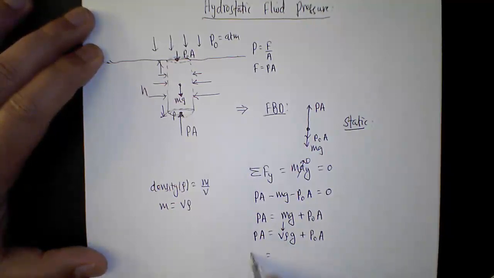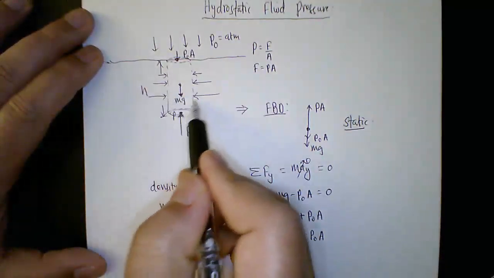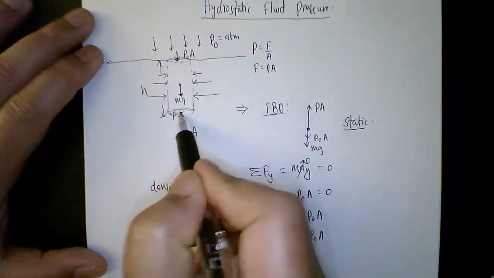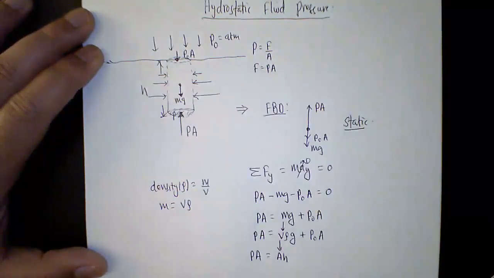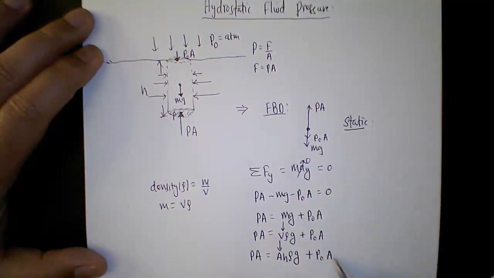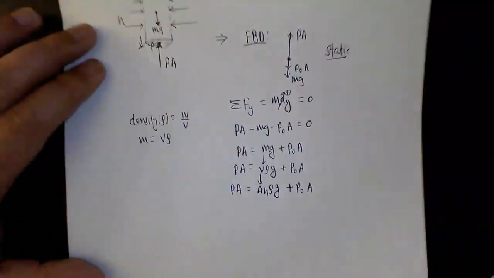We need to do one more step. Volume can be written as area times height. The volume of the given cylinder, this imaginary cylindrical fluid, is the cross-sectional area times the height. And then you have the density of the fluid and gravity, plus P0A. So we are almost done.